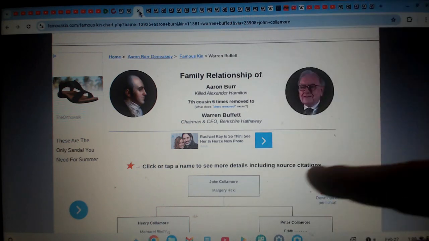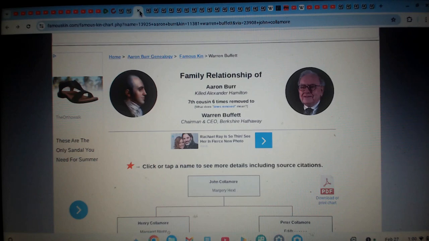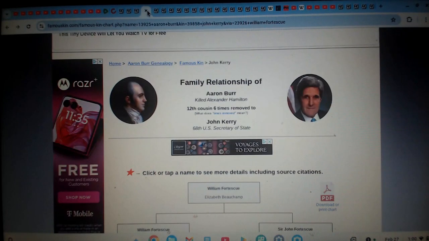You have to go through these names. Just like here, John Kerry. He has a different node. William, whatever that name is, I can't see it. Fortescue and Elizabeth Beauchamp. Elizabeth Beauchamp is actually, I know that name. Anyways, I'm not going to look it up now. So those are just nodes.